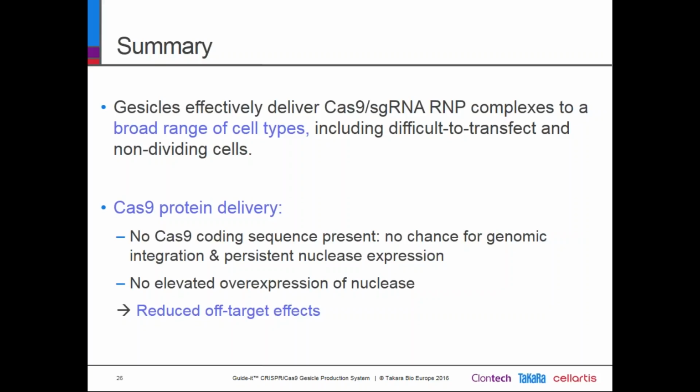The major advantage is the Cas9 protein delivery, because there's no Cas9 coding sequence present, so there's no chance for genomic integration and no chance for persistent nuclease expression, and there's also no elevated overexpression of the Cas9 nuclease, which can be observed, for example, when using plasmid delivery. All this together helps to reduce the off-target effects.